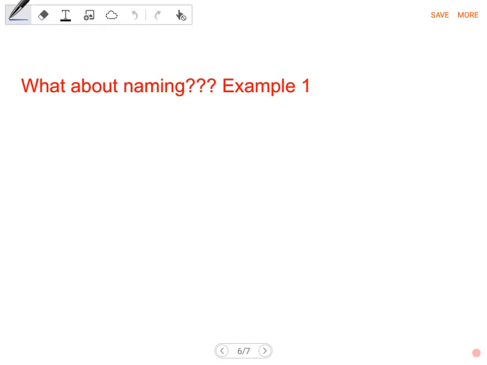Now, for naming these, just so you know, you're going to be given the name of some elements, and you're going to be told to make the compound. So what you're going to do is essentially this. You're going to come to questions, so I'm going to show you.